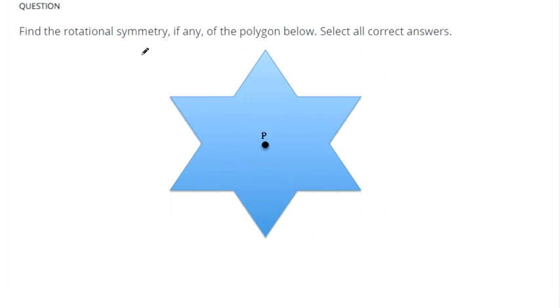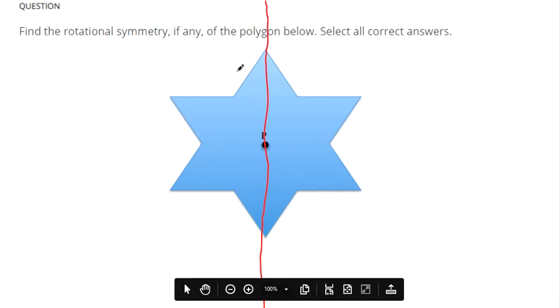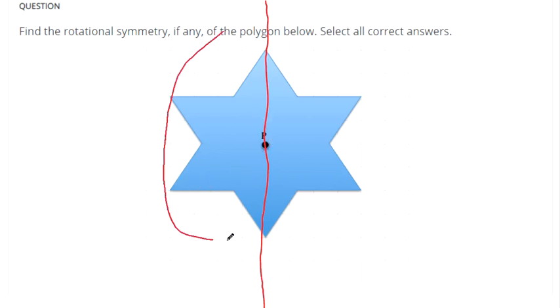With this one, probably the easiest way of figuring out if it has rotational symmetry is to think about all the lines you could draw that would make the figure have symmetry. So this vertical line makes it have symmetry, because the left and the right sides are the same.